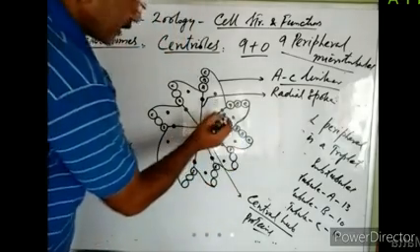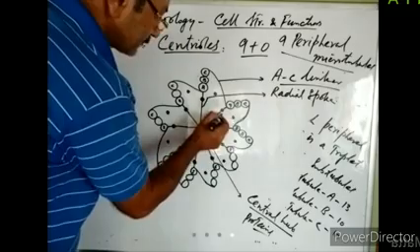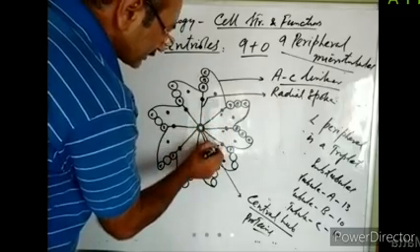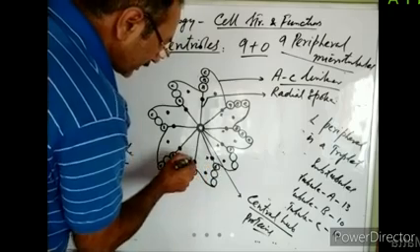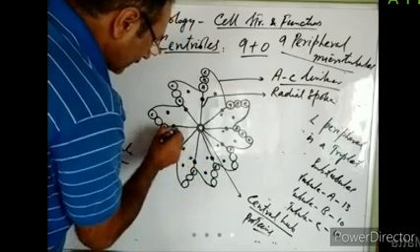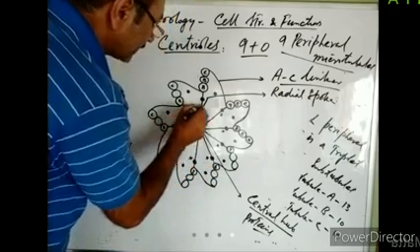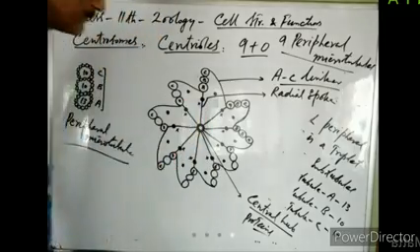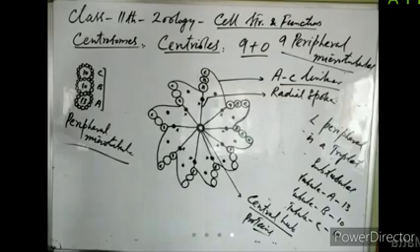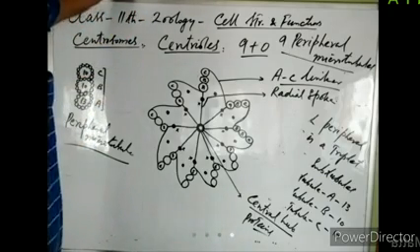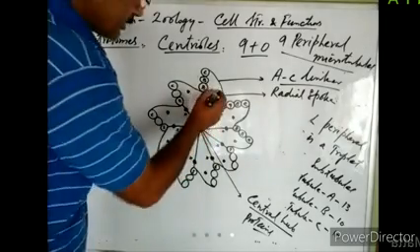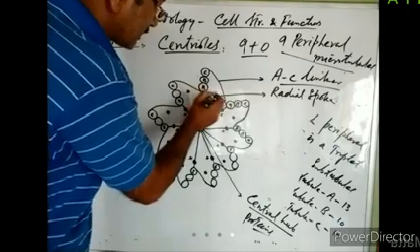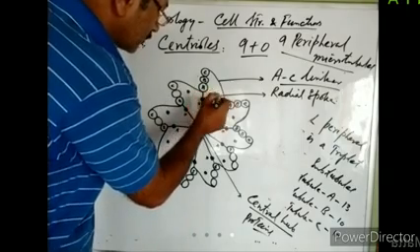So these are X bodies. This is X, this is X, X body, X body, X body, right? So X body is present on the radial spoke. In between two adjacent X bodies, just below the AC linker, there is another dense material thickening known as Y body.